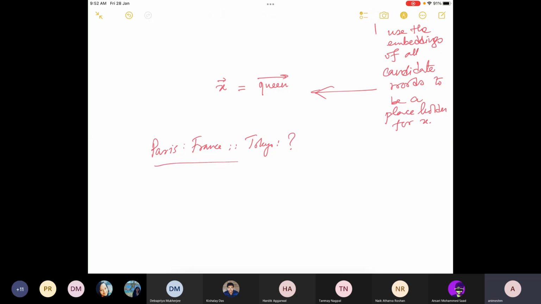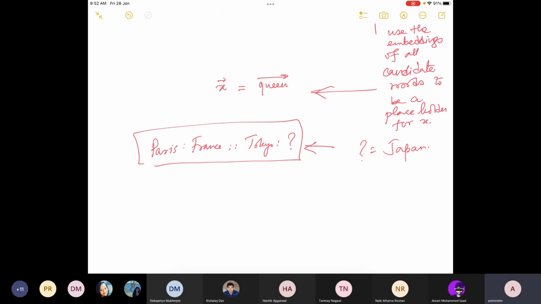So in fact, these types of analogies are also easily solvable using the same type of argument that we have put in the above case of man, woman, and king, queen. Okay, and here the result will be Japan.